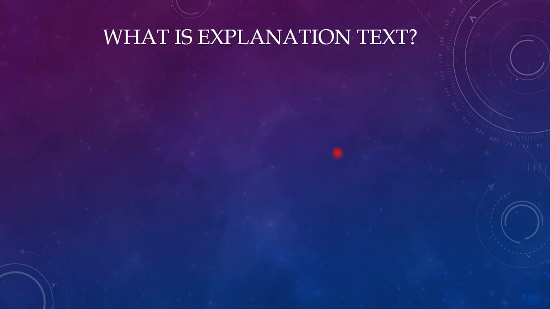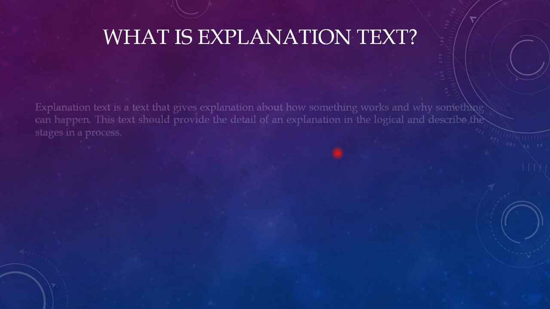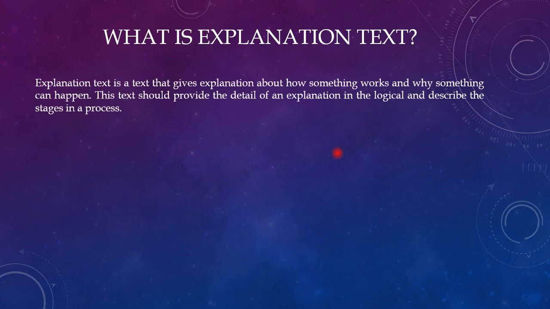So what is explanation text actually? Explanation text is a text that gives explanation about how something works and why something can happen. This text should provide the details of an explanation logically and describe the stages in the process.